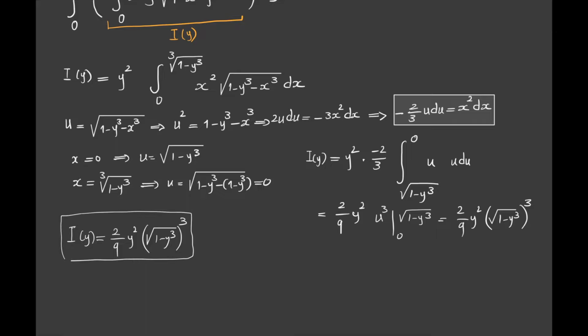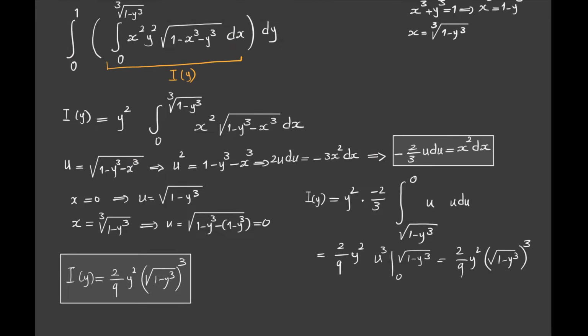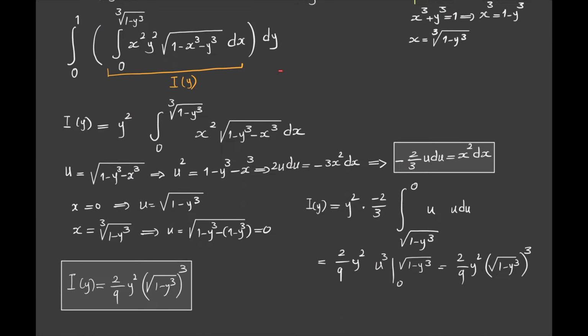So that is the calculation of Iy, and as you saw, it depends on my y variable. Okay, so now what we are supposed to do, we have to go back into the original integral. We already calculated this part, so I have to replace it with this expression, and then I have a new integral to do on the y variable from 0 to 1.